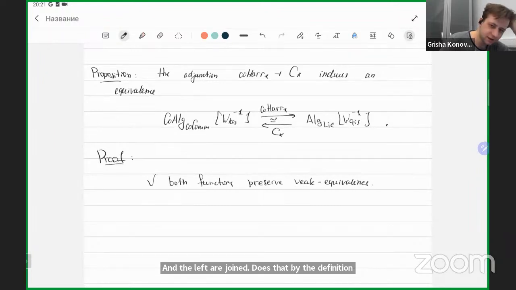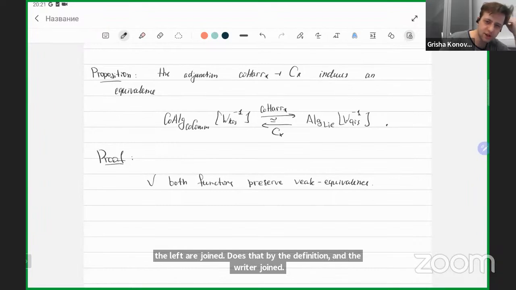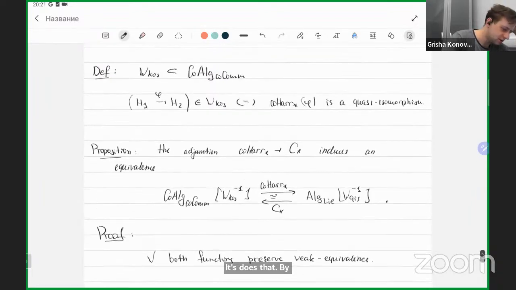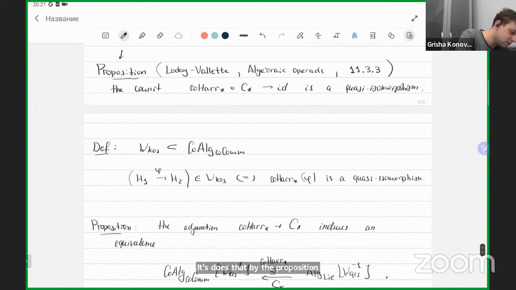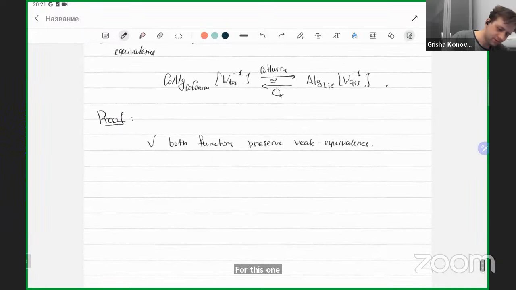And the right adjoint does that by the proposition. So let us take a quasi-isomorphism between Lie algebras.